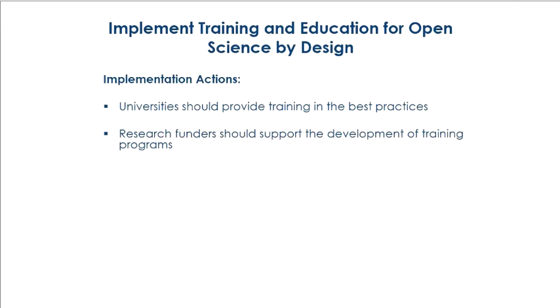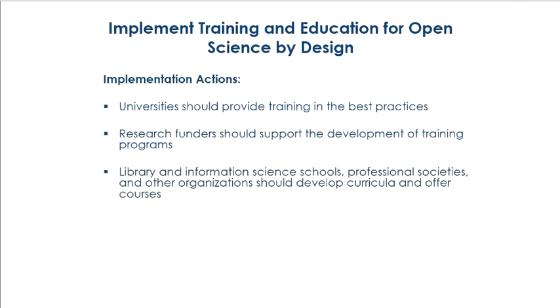But I think that Europe is ahead of the United States in this area right now. Research funders should support the development of training programs on open practices. Library and information science schools, professional societies, and other organizations should develop curricula and other courses on open science and practicing open science.